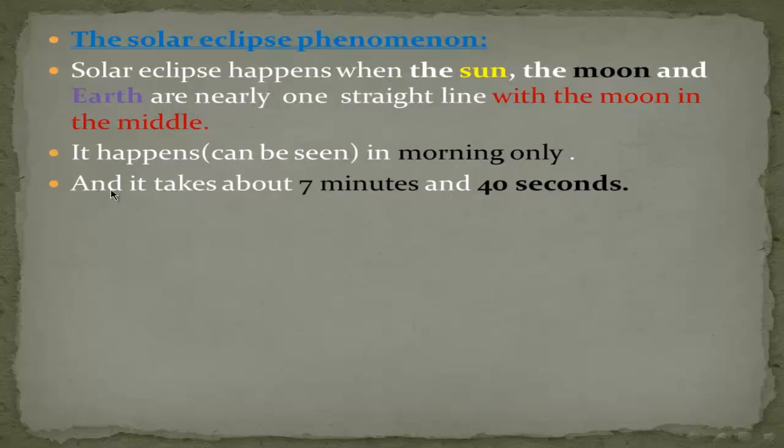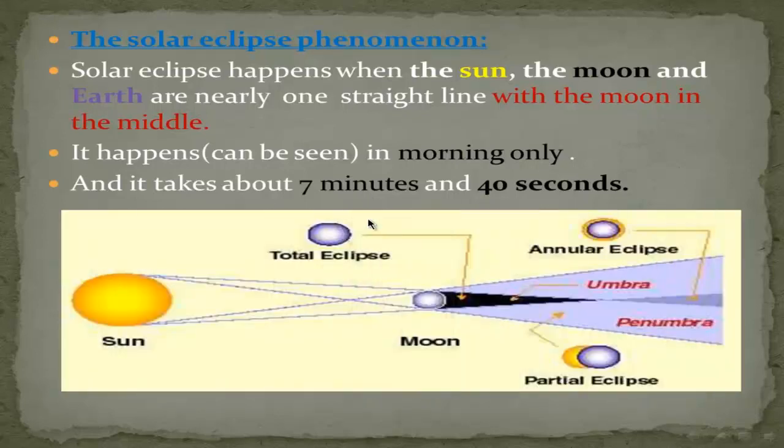This phenomenon takes about 7 minutes and 40 seconds. So we must know that solar eclipse occurs when the Sun, Moon, and Earth are nearly on a straight line and the Moon is in the middle.